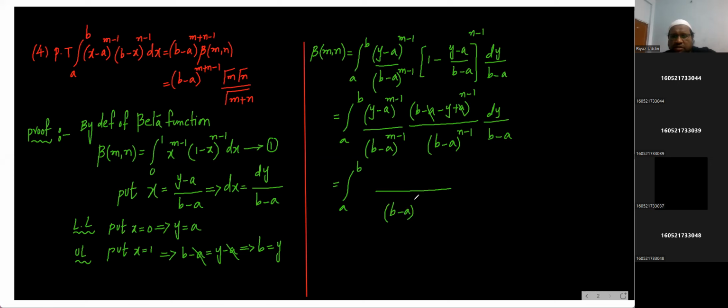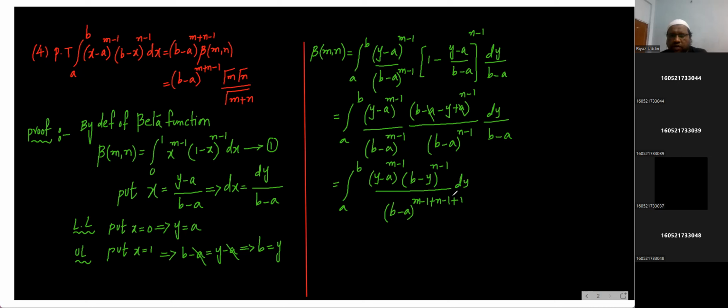So when I add the powers, m minus 1 plus n minus 1 plus, what is the power of this? 1. Okay, and here (y minus a) to the power of m minus 1, (b minus y) to the power of n minus 1, and then we have dy here.